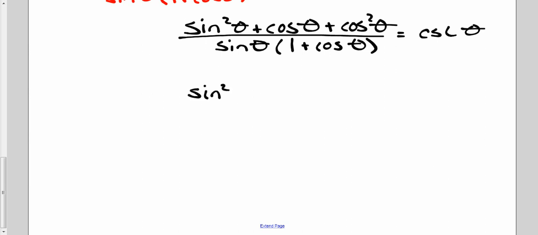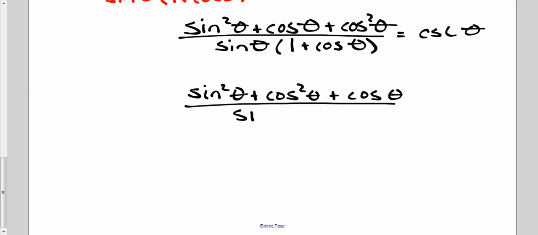I'm going to do sine squared theta plus cosine squared theta plus cosine theta all over sine theta times 1 plus cosine theta equals cosecant theta. What do you think now, Riley? Look left.